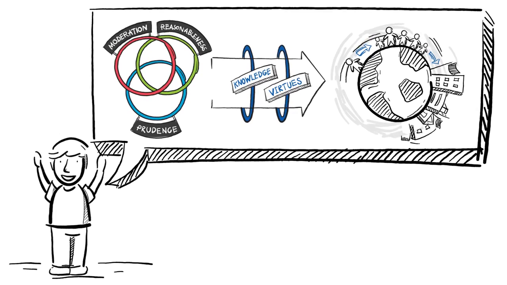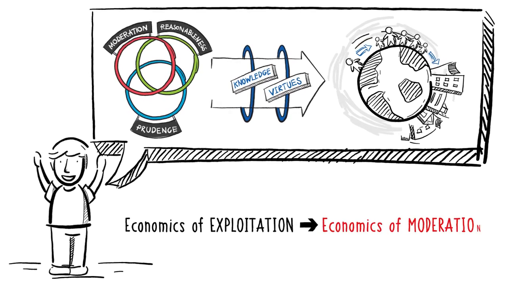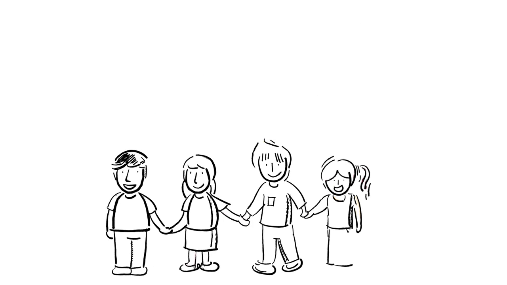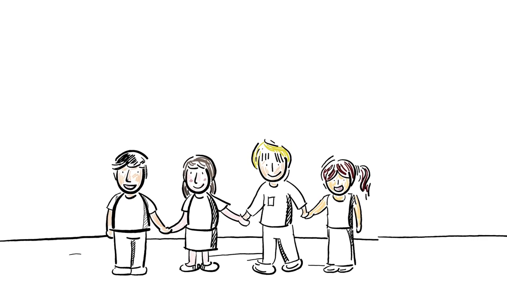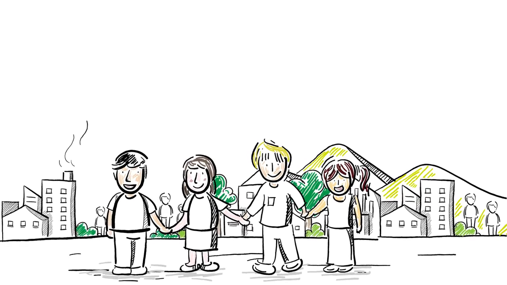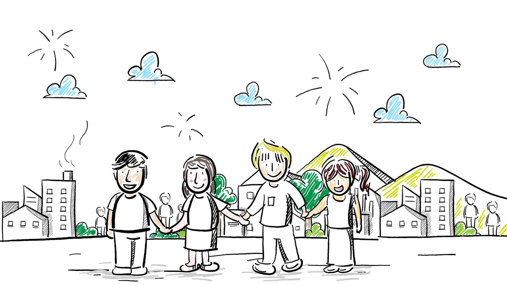Humanity has thus to graduate from economics of exploitation to economics of moderation. Together, let's make achieving social, cultural, economic, and environmental sustainability a credible, vibrant, and viable post-millennial goal for humanity. And that includes all of us, some of whom are alive today, most of whom are yet to be born into this wonderful planet we call home.